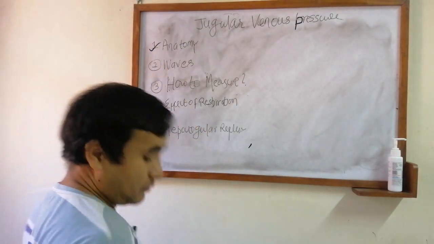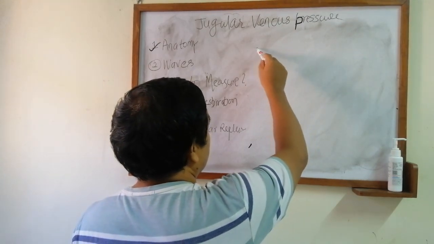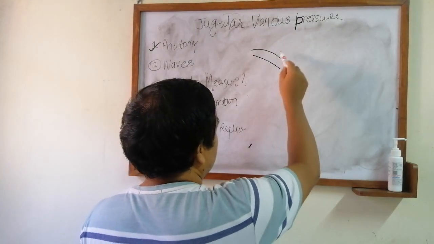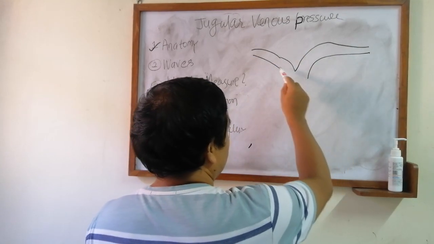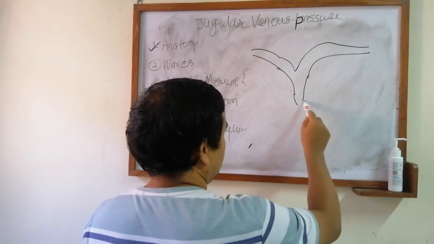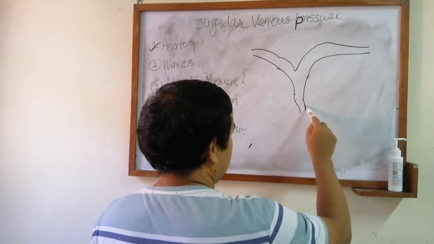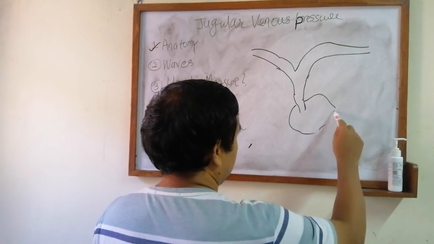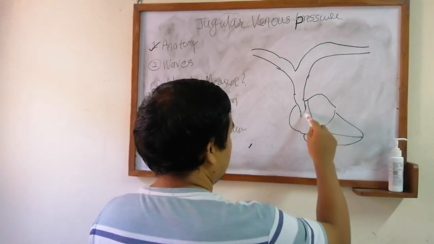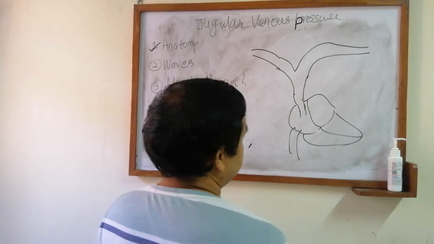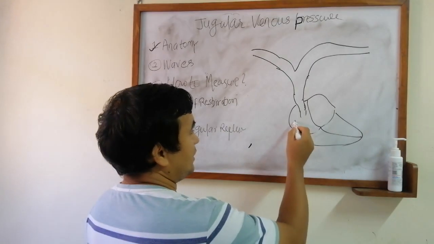Anatomy. So this is our heart. In the heart there are four chambers.